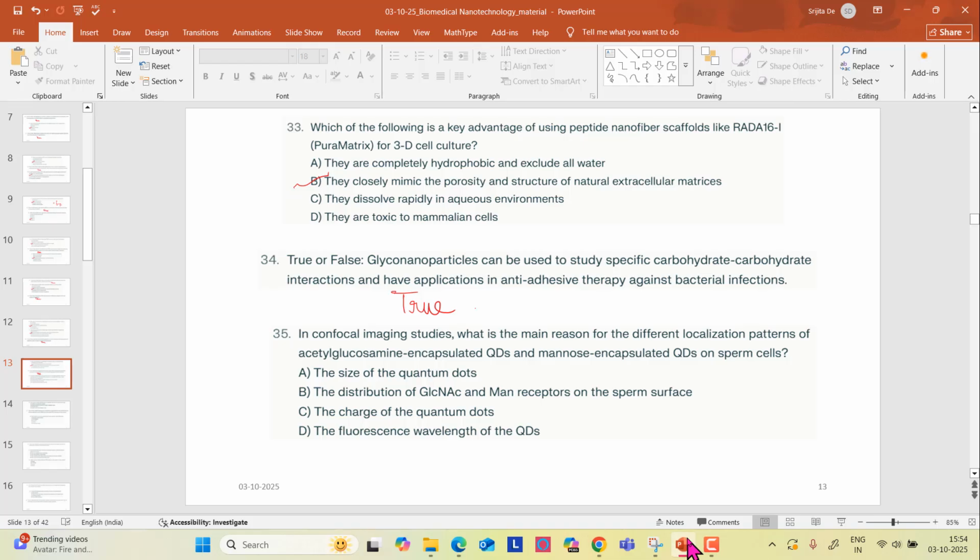Yes, it is: the distribution of these two receptors on the sperm surface defines this different localization.